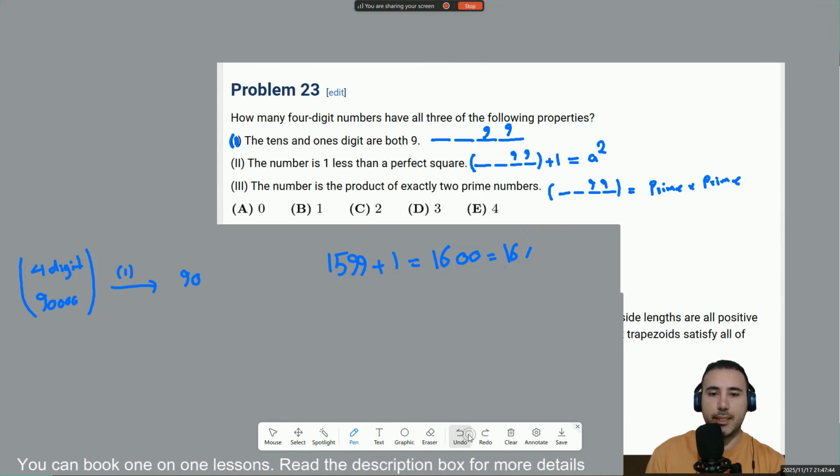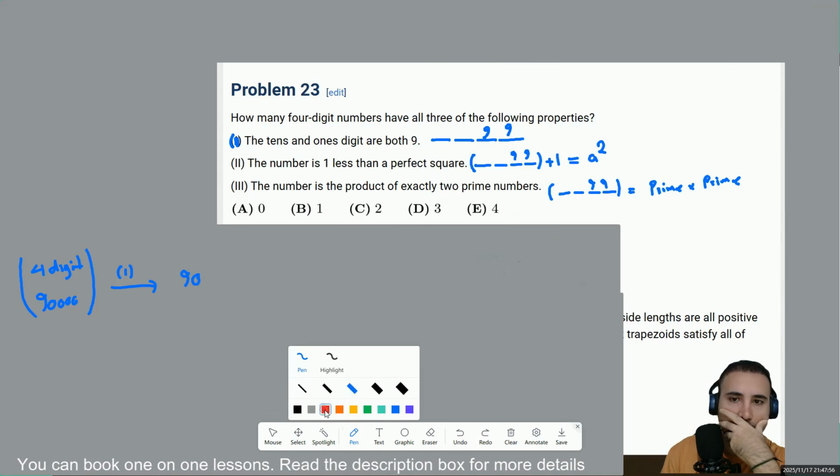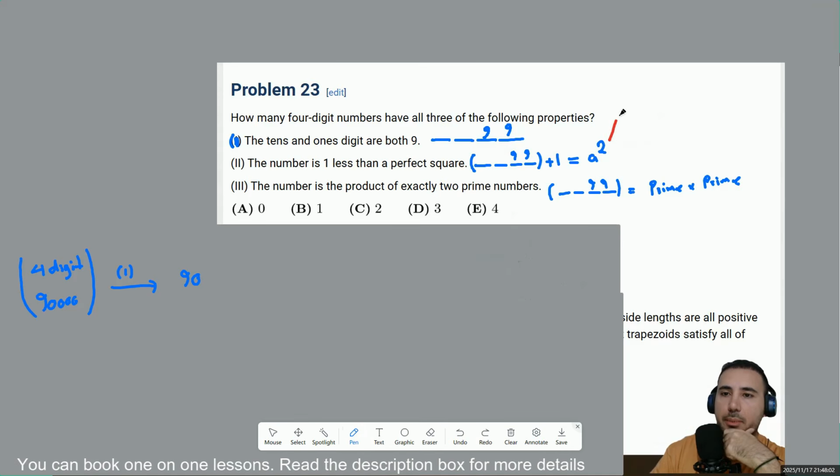So we need to have only a few, right? Because now we want the values for a squared. What are the possibilities for a squared? Let's see. Perfect. So a squared could be maybe 40 squared, 50 squared, 60 squared, 70 squared, 80 squared, 90 squared, 100 squared.